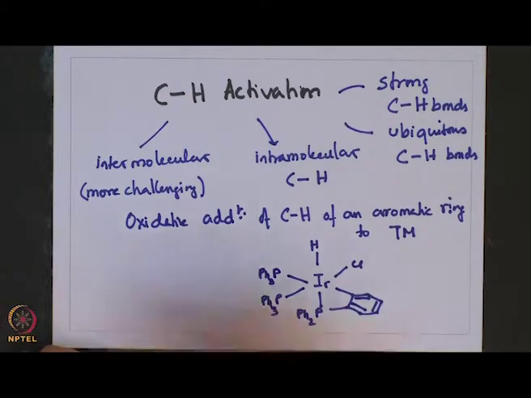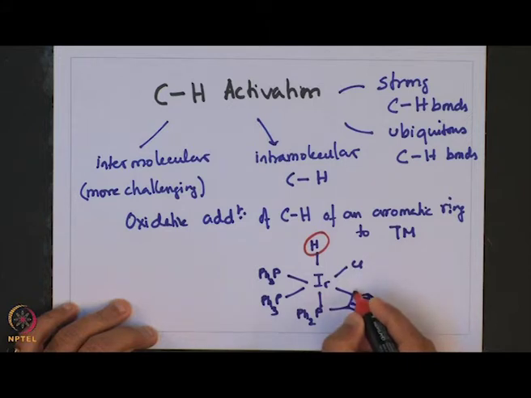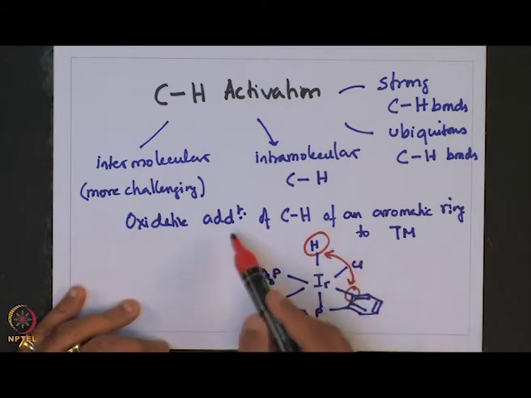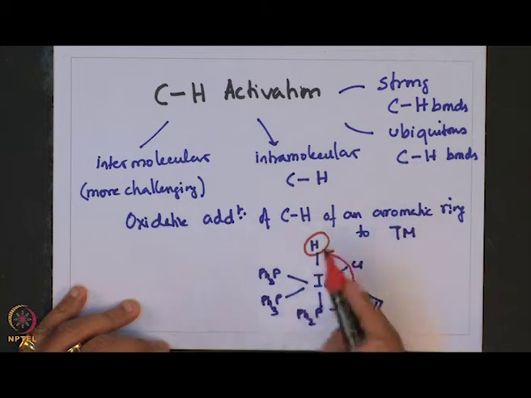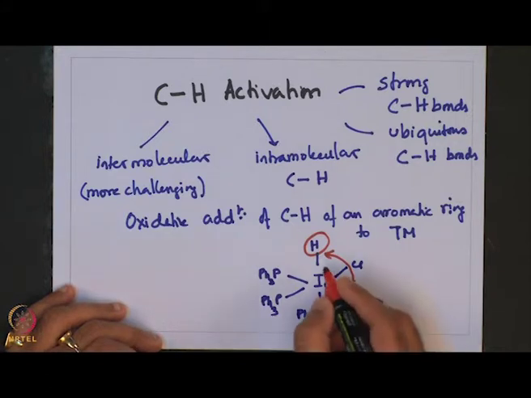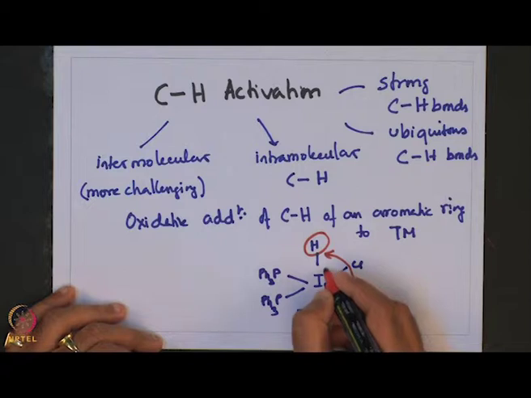Where this hydrogen and this carbon have undergone oxidative addition. So, this method involves the CH activation of this aromatic ring across iridium, and as a result the oxidation state of iridium increased.